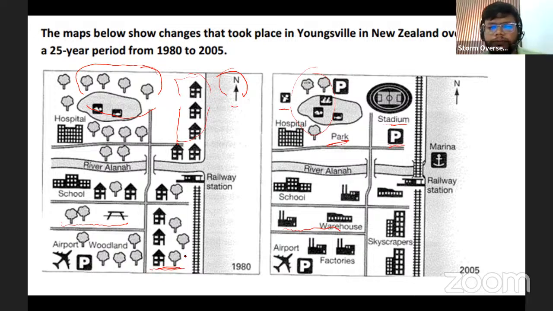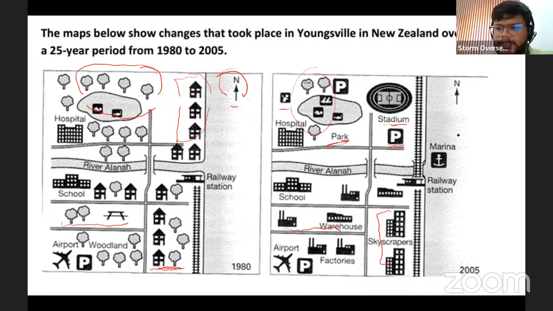In the southeast corner, the area which was full of homes, or there were few homes, was used to develop skyscrapers. So these are the changes which can be mentioned in a body paragraph, and we can also consider these things as main features, and we can mention them in our overview too.